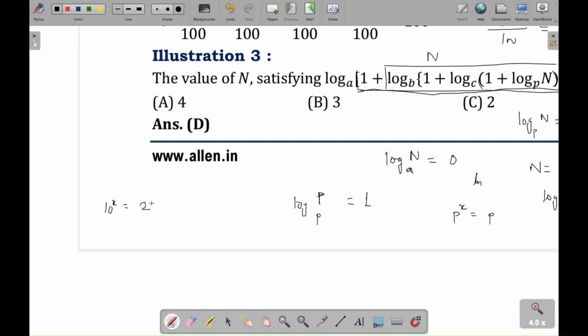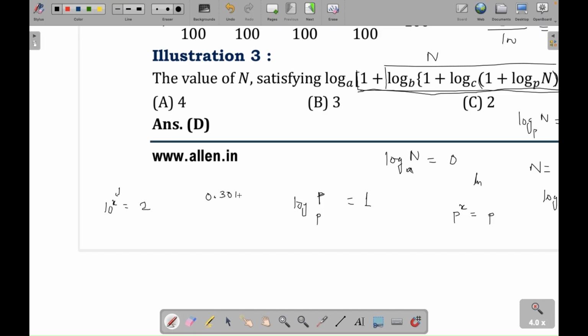So what is the value of x? It is not possible to find it directly, so you have to use log tables. If you use log tables, the value will approximately come out to be 0.301.